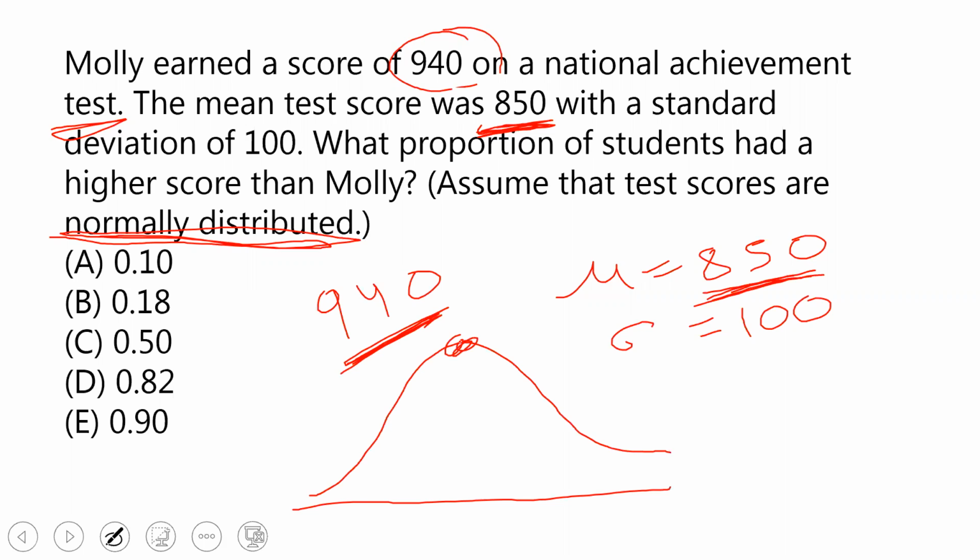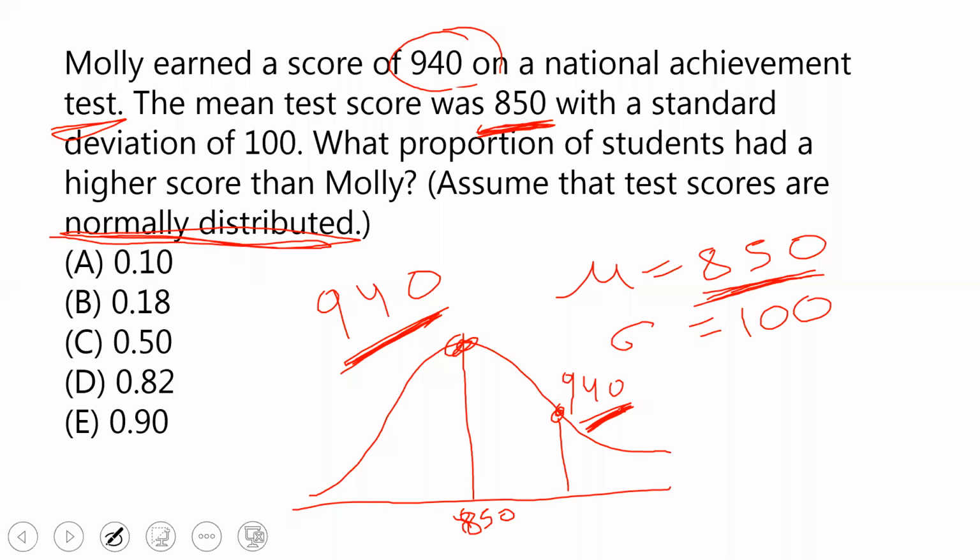Here, what will come in the middle, 850 or 940? 850 will come in the middle, because this is the mean that I have, and she has got a value of 940.